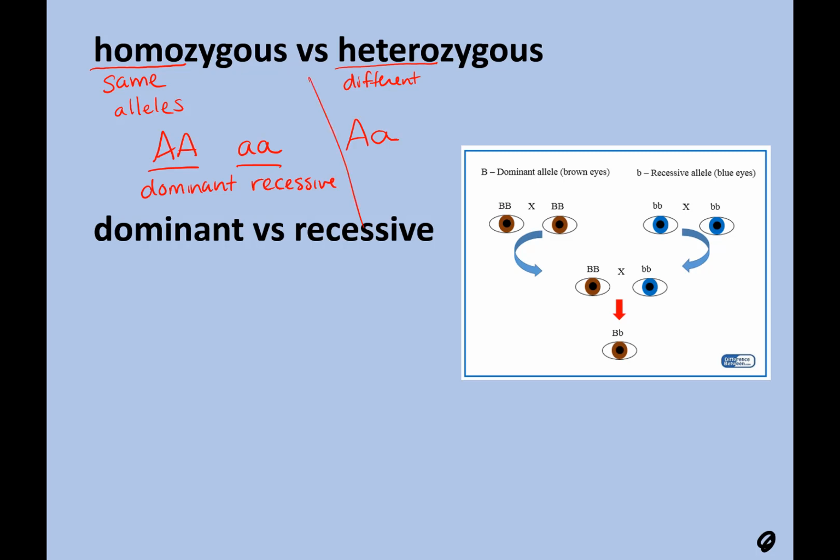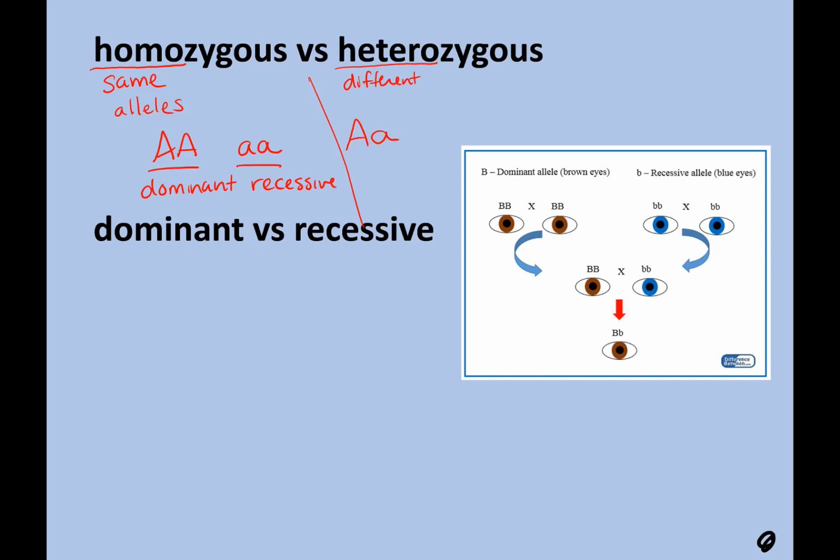Okay? So, homozygous in a story problem will tell you that for that gene, the alleles are the same. Heterozygous will tell you for that gene, the alleles are different. The story problem may have to tell you that the organism has the homozygous dominant phenotype or the homozygous recessive phenotype.